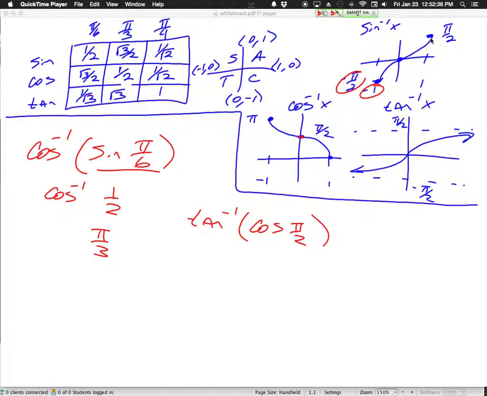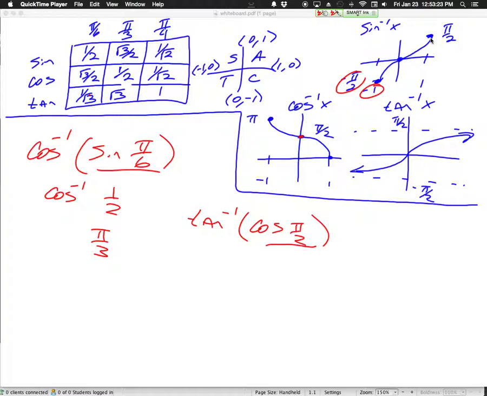Next one. Inverse tangent of cosine pi over 2. Alright, cosine pi over 2.